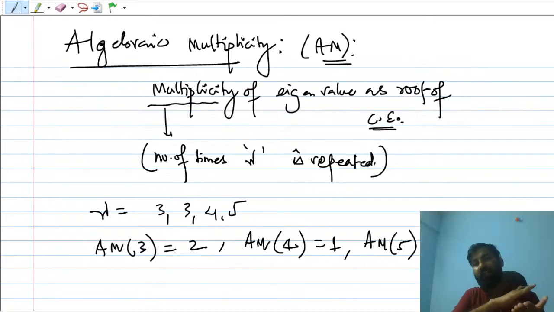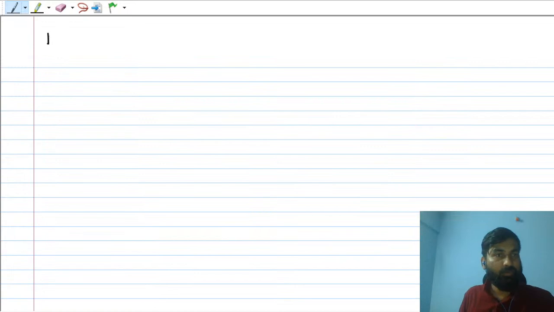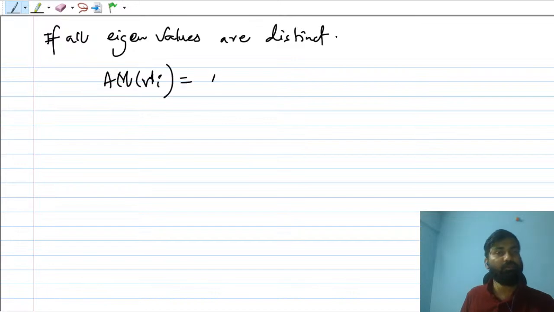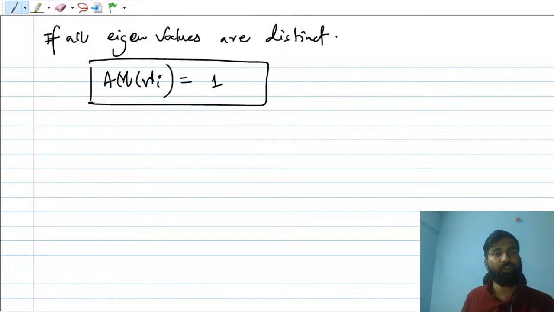If all eigenvalues are distinct, then the algebraic multiplicity for each lambda will be 1. That you have to keep in mind.